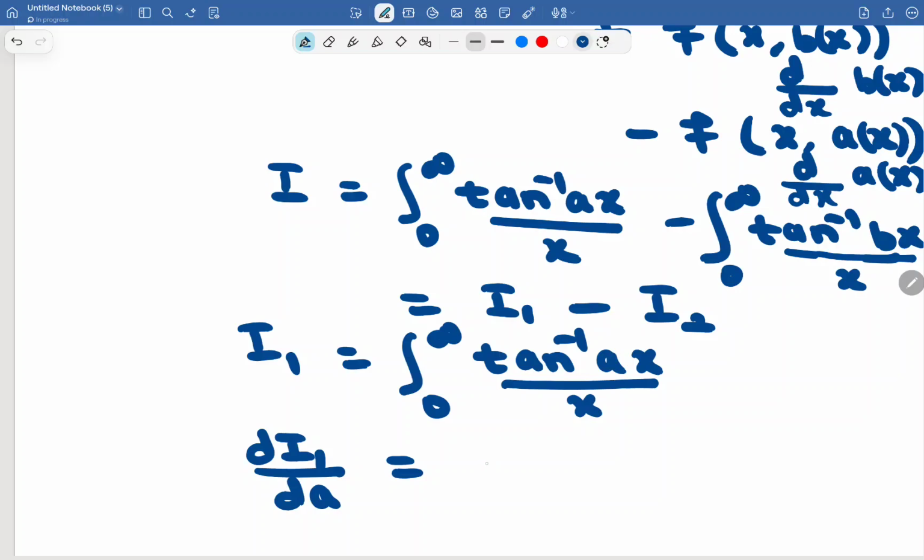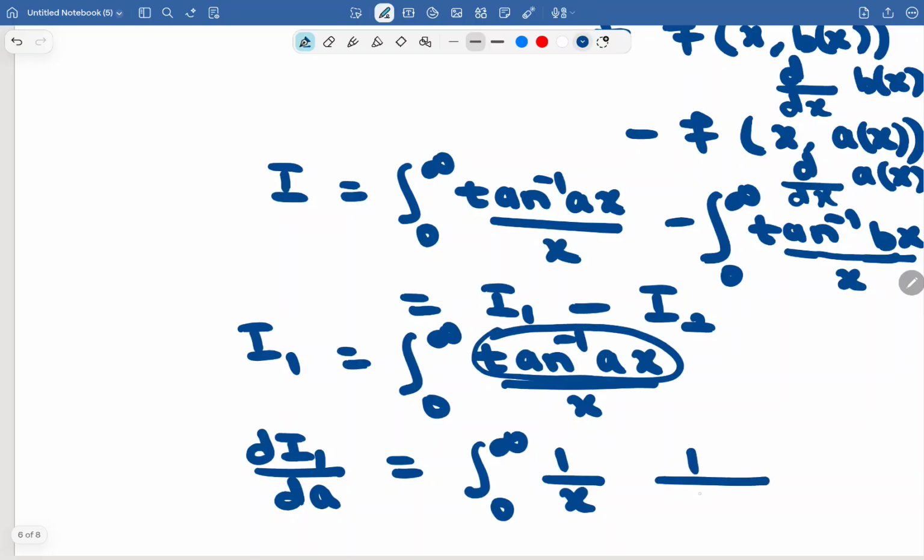With respect to a means integral 0 to infinity 1 by x, differentiation of tan inverse of ax, 1 by 1 plus ax the whole square into x.